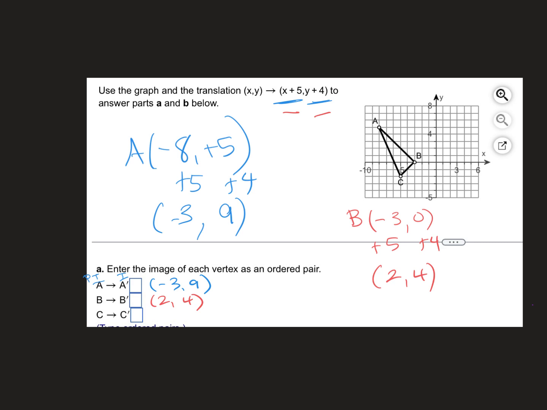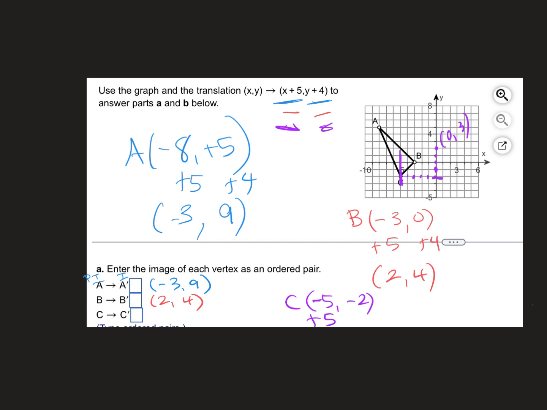All right, last one, C. We're going to move C over 1, 2, 3, 4, 5. Same thing, plus 5, plus 4. Then we're going to go up 1, 2, 3, 4. So I end at 0, 3. Okay, so C started at 5 and -2.